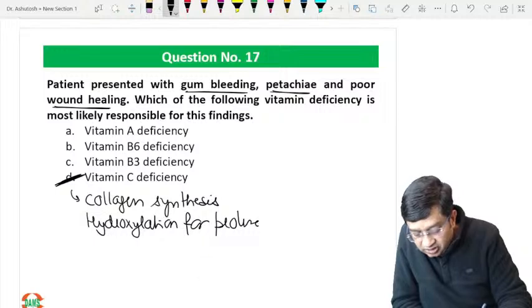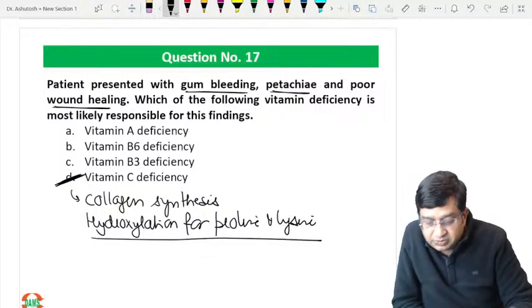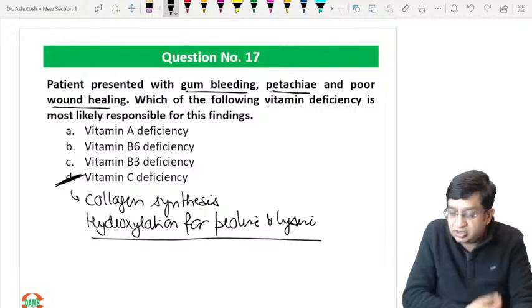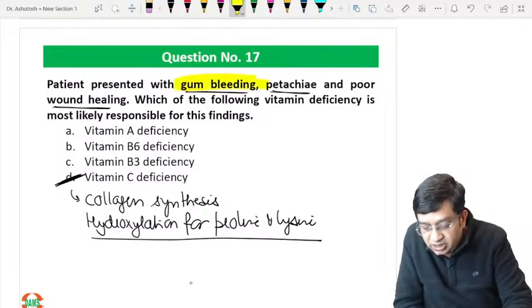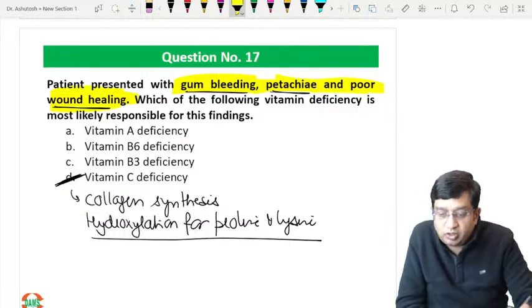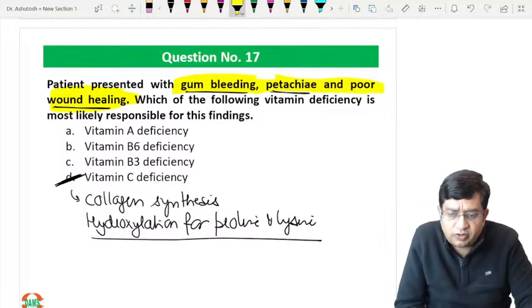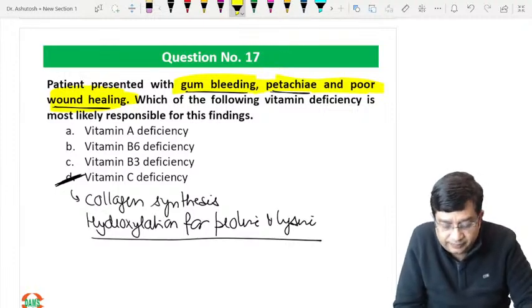This helps in collagen synthesis. So therefore we say gum bleeding, petechiae, poor wound healing. Clear? These were all straightforward questions and I don't feel that any of you got this wrong.